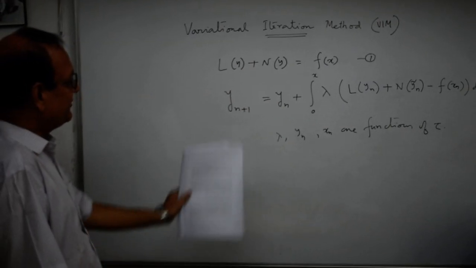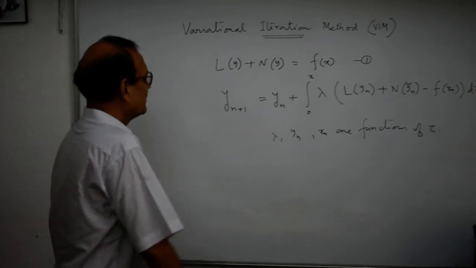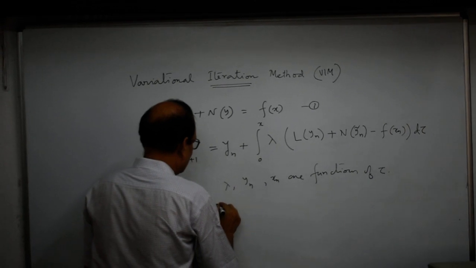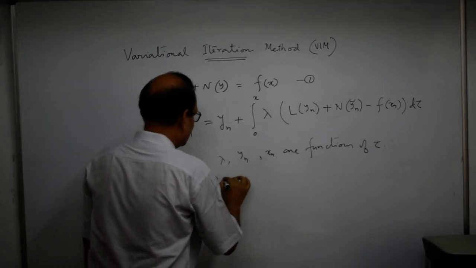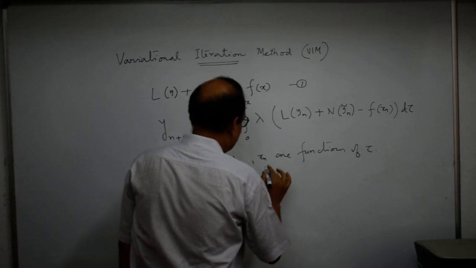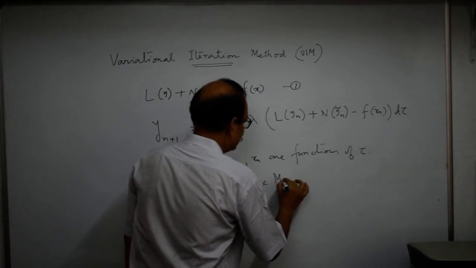So our scheme is, we want to find the value of lambda(tau), which is the standard Lagrange multiplier.